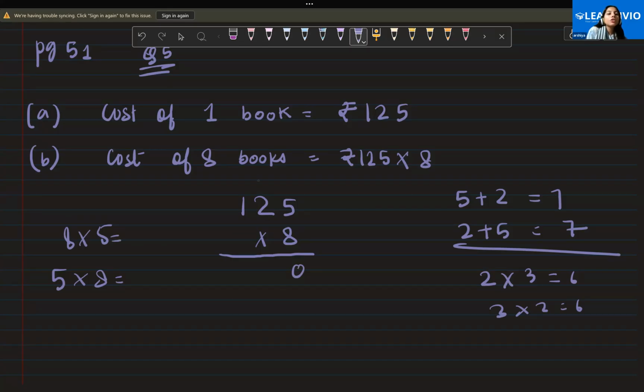So 0 here, balance 4 here. How much are 2 eights? We are doing it the opposite, 2 multiplied by 8. How much is that? 16. 2 eights are 16. So I will write 16, and 4 is in the balance here. Okay, so 16 plus 4 will be how much?